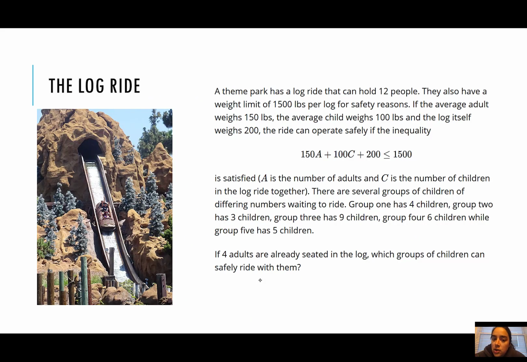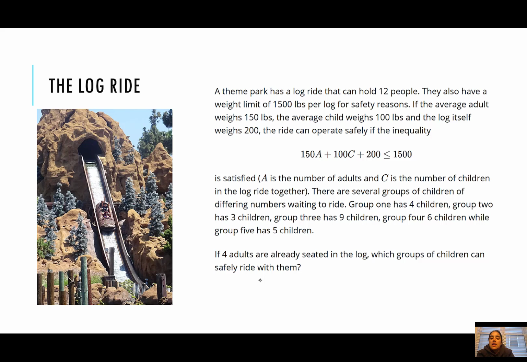Here is our Buc-ee's challenge for today. It's called the log ride. The theme park has a log ride that can hold 12 people. They also have a weight limit of 1,500 pounds per log for safety reasons. If the average adult weighs 150 pounds, the average child weighs 100 pounds, and the log itself weighs 200, the ride can operate safely if the inequality is satisfied, as A is the number of adults and C is the number of children in the log ride.